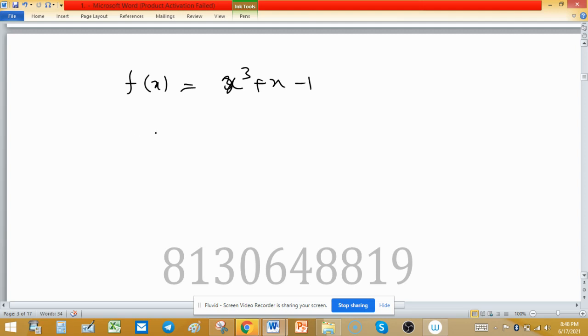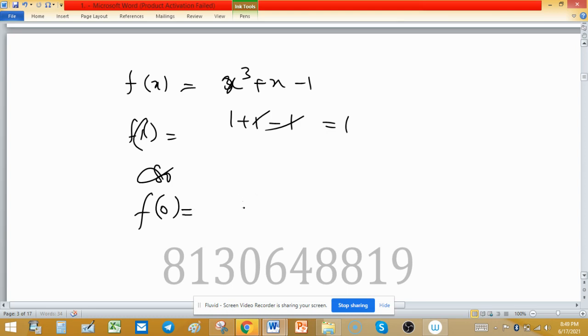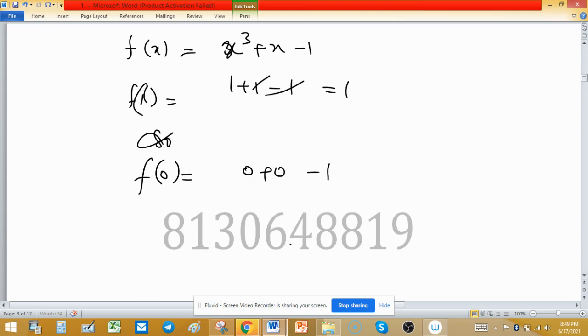For example, f at 1 is 1 plus 1 minus 1, which is 1. Again, the value of the function at 0 is 0 plus 0 minus 1, which is minus 1. Between these 2 points the function is increasing, as the derivative is positive for all real numbers.